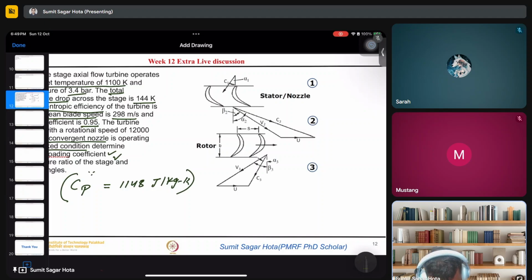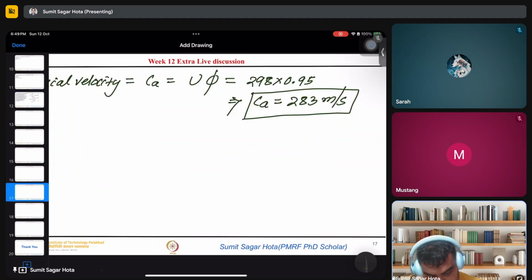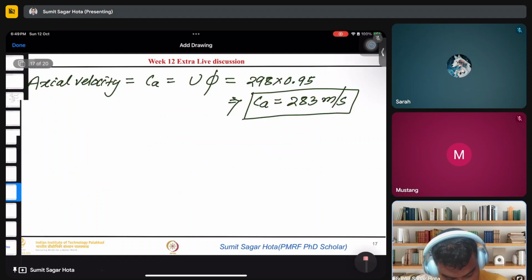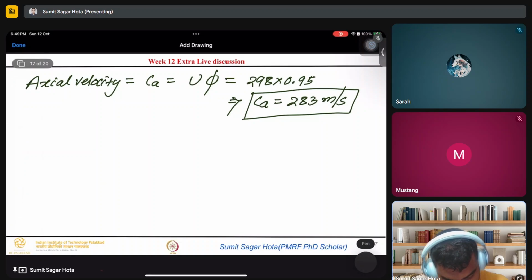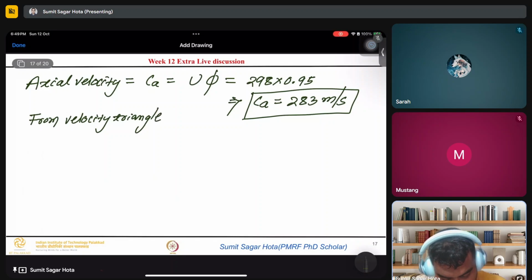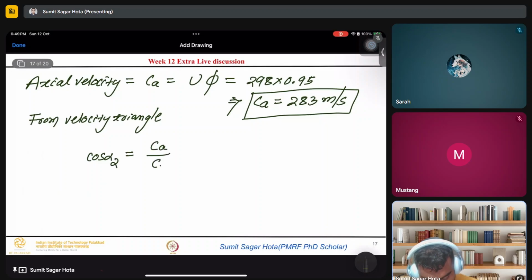From the velocity triangle, the cos alpha 2 is equal to CA by C2.